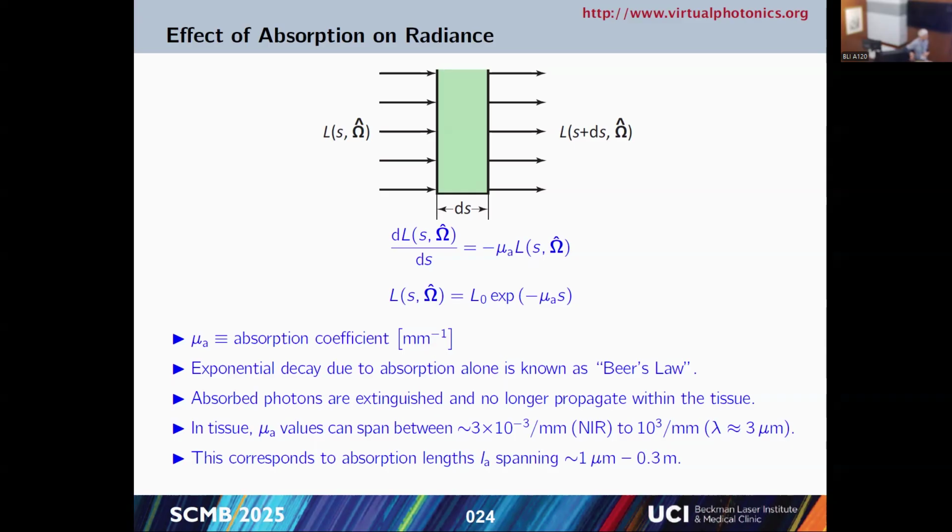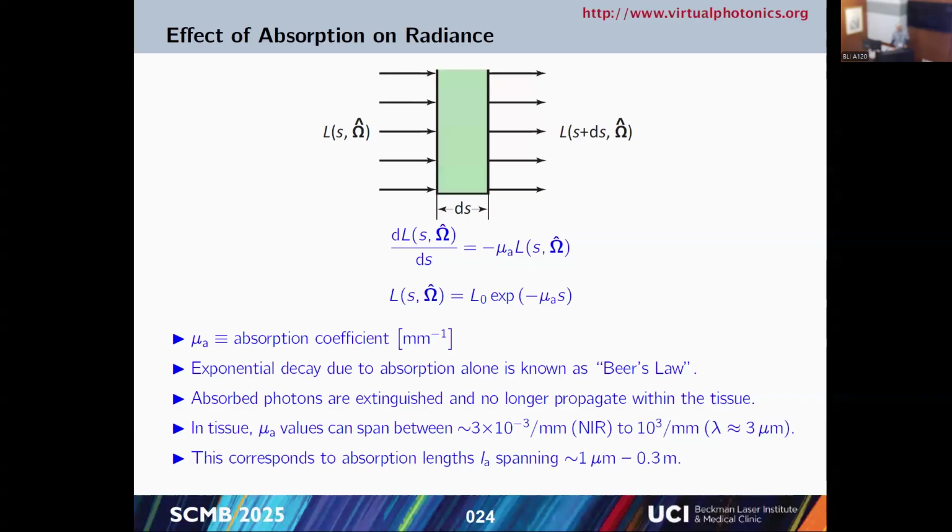So erbium YAG lasers are often used in surgery if you want very precise surgery. But if you're in the near infrared, then you can propagate without loss due to absorption 30 centimeters. But of course you have scattering that gets in the way. And so you don't get 30 centimeters deep, you disperse laterally.